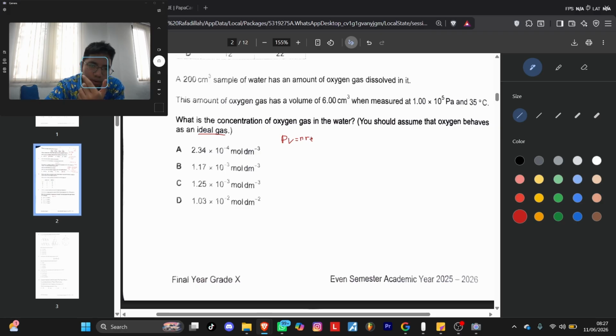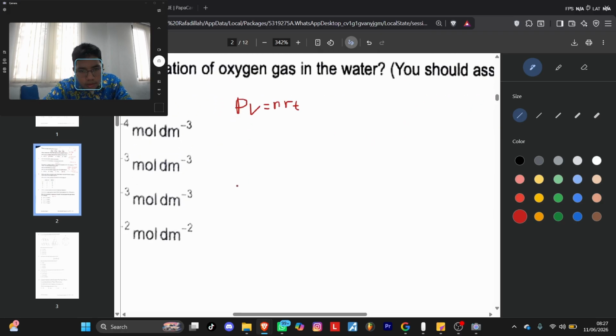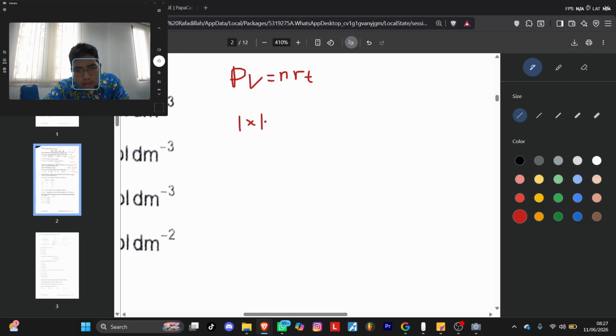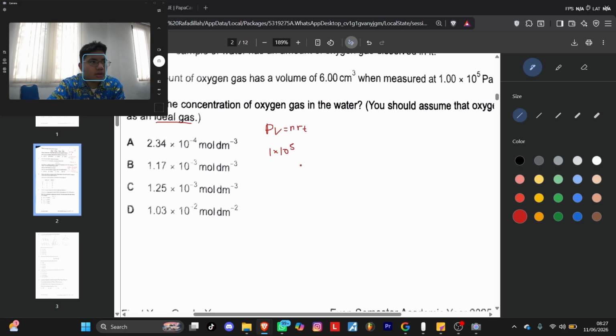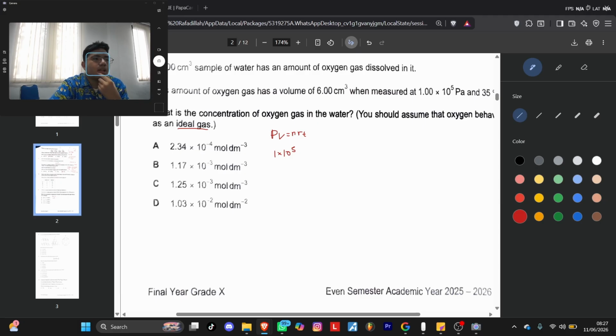Okay, and then what do we know about this? The pressure is 1 times 10 to the power of 5. And the volume of this oxygen gas is 6 cm3. So we need to convert it to dm3. How?